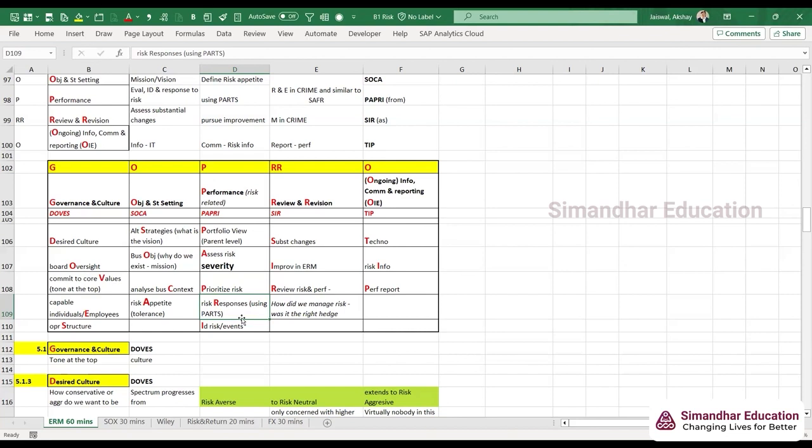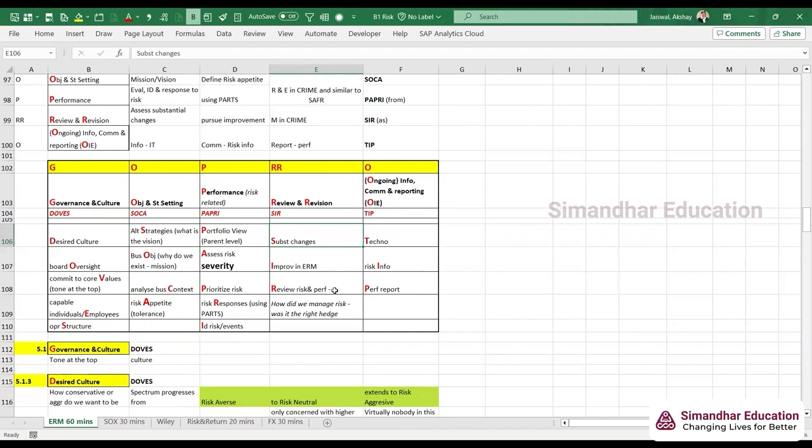So after prioritizing, assessing the risk, etc., we are going to respond to the risk so that we can mitigate it. Then comes review and revision. Within review and revision, there are a few things. Substantial changes: if any substantial changes are there, we will have to look at it in a holistic way, at what the impact of those substantial changes will be.